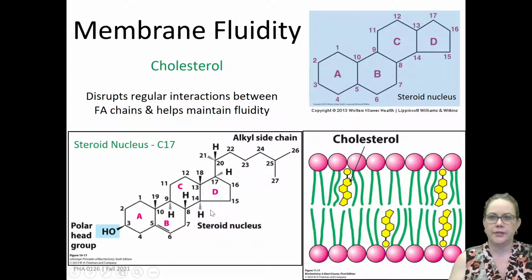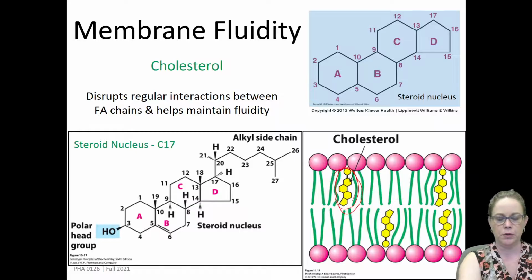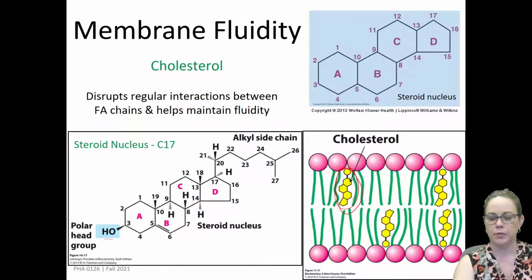The last factor we looked at that could alter membrane fluidity was cholesterol. So cholesterol would have a similar effect as having a cis unsaturated double bond or having a branched chain fatty acid. The cholesterol is able to embed itself into the membrane using its polar hydroxy head group to interact with our phosphate head groups at the top.